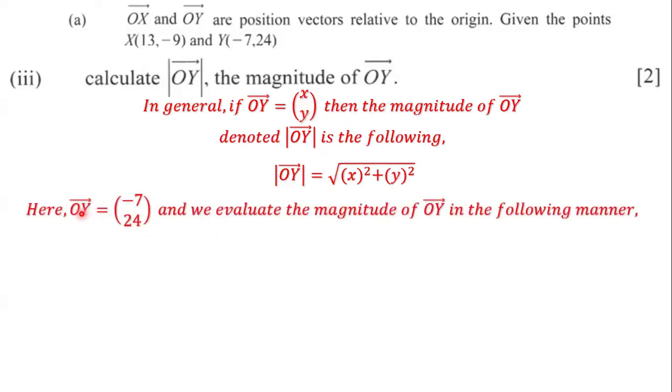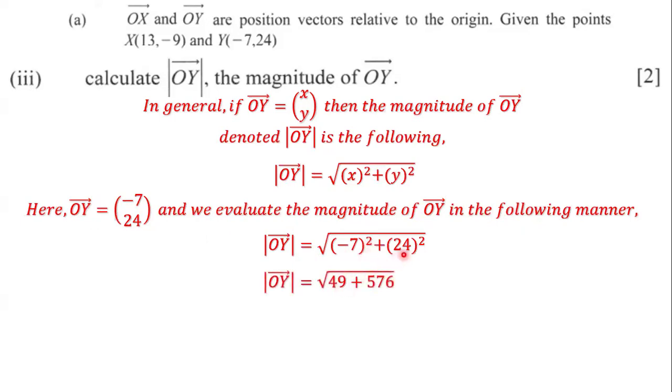And so the vector OY is equal to (-7, 24). And we calculate the magnitude of OY in the following manner. The magnitude of OY is equal to the square root of (-7) squared plus 24 squared. And (-7) squared is equal to 49, and 24 squared is equal to 576.